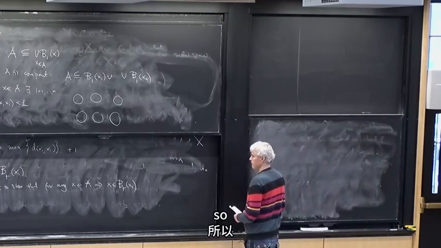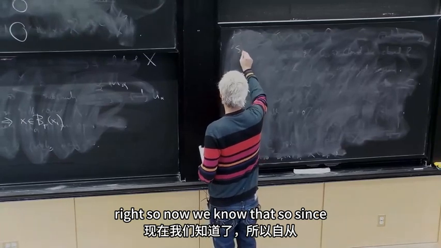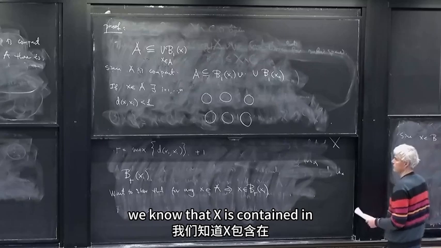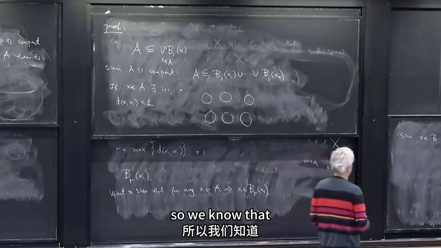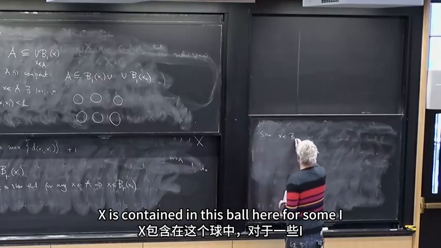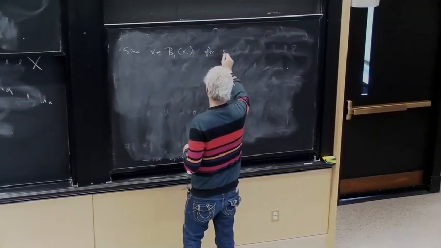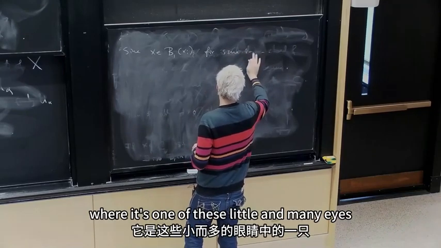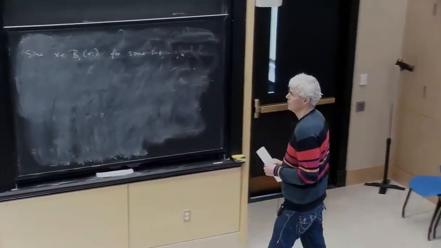Since x is contained in the union of these balls, x is contained in the ball around xi for some i, one of these finitely many i's.